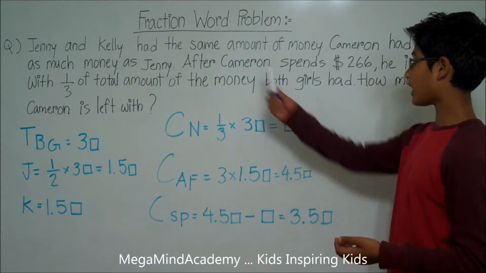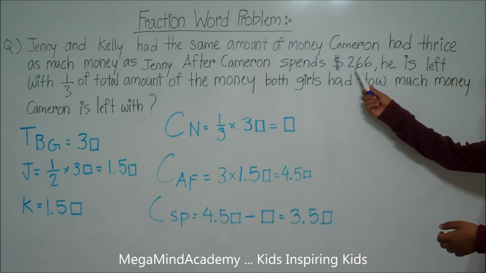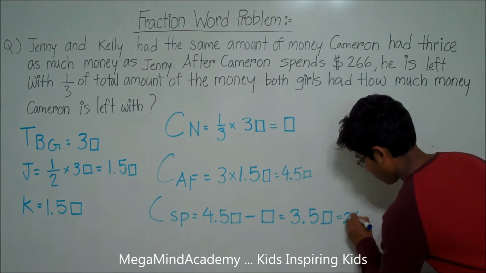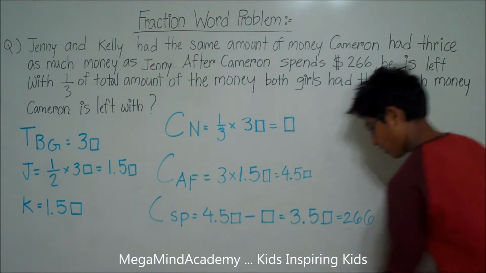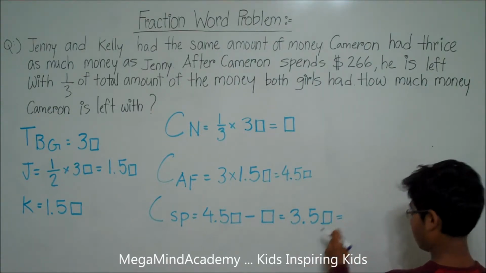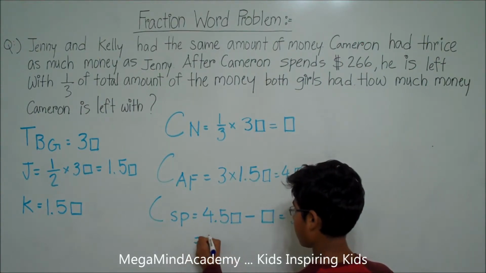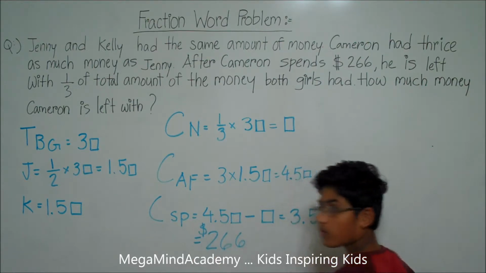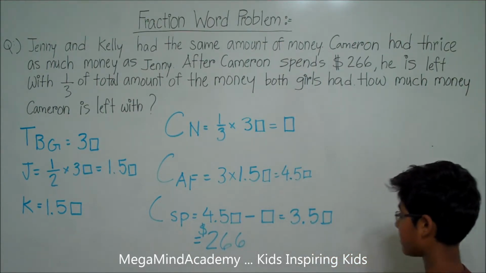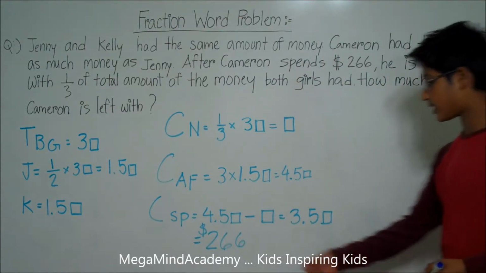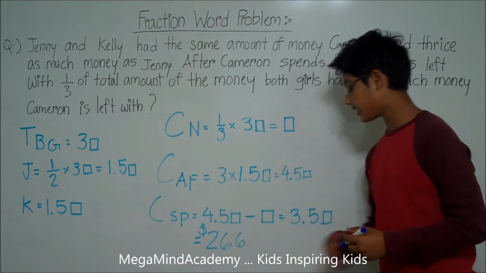And we also know that Cameron spent $266. So this means that 3.5 units is equal to $266.